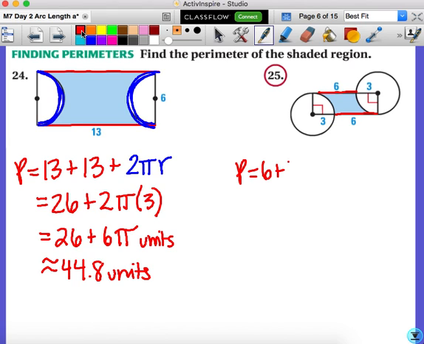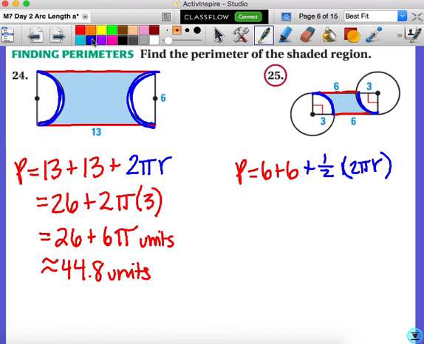For the next one here, we also have this straightaway that's 6 and this straightaway that's 6. So as far as perimeter goes, we already know those two distances. Then I have a quarter of a circle here because that's 90 degrees, so that's 1/4 of the circle. And I've got another 1/4 of the circle here, so I have half of the distance around the circle, so half of 2 pi r.